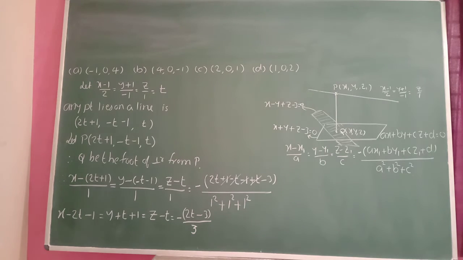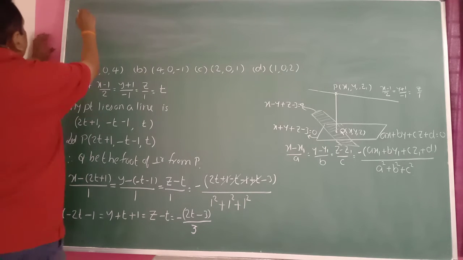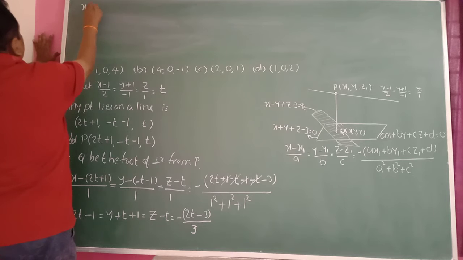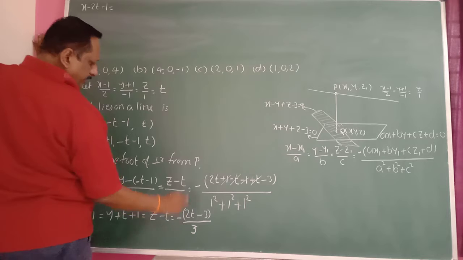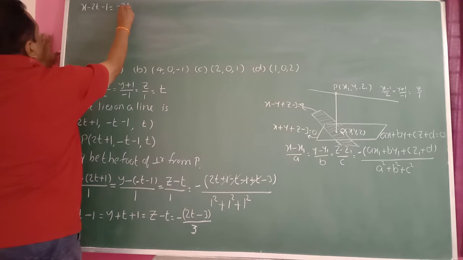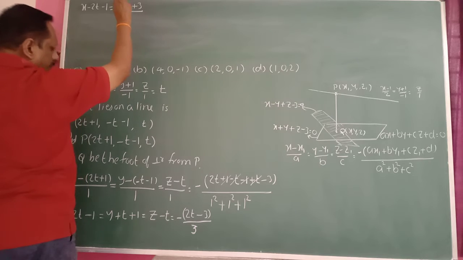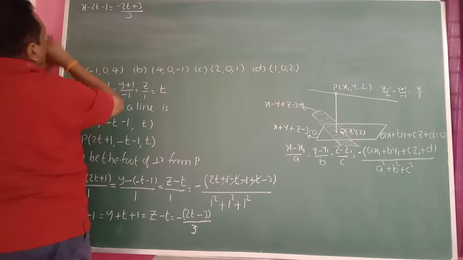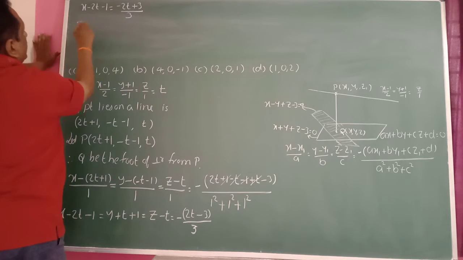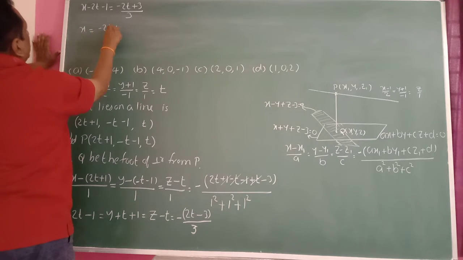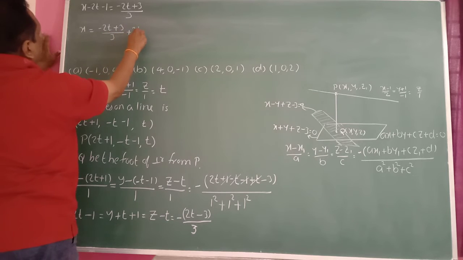So x minus 2t minus 1 is equal to minus of 2t plus 3, divided by 3. Then take this term to the right hand side: x is equal to minus of 2t plus 3 divided by 3 plus 2t plus 1.